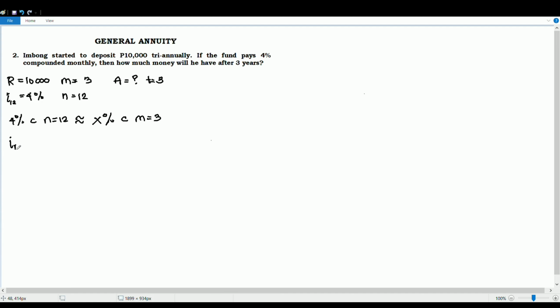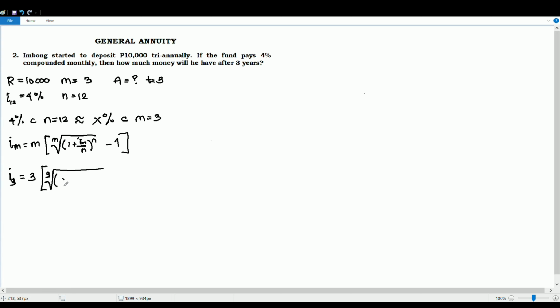So I subscript M is equal to M times the mth root of 1 plus I subscript N over N raised to N minus 1. Substituting the values, we are looking for I subscript 3. So we have 3 times the third root of the radicand.